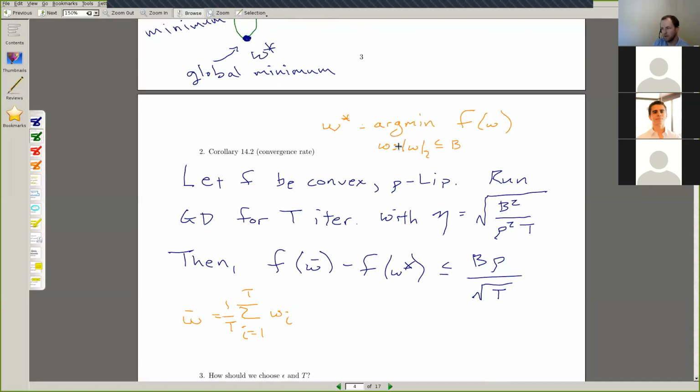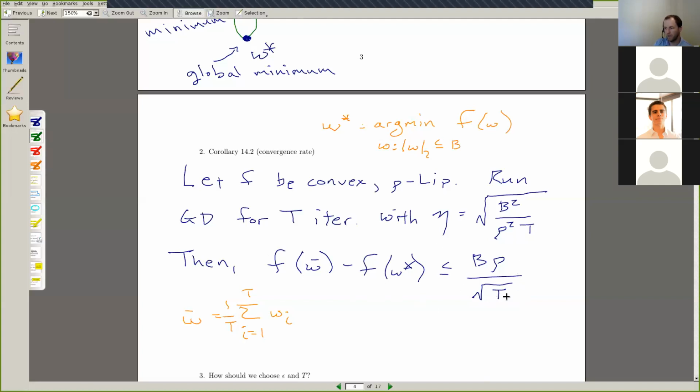It's the range of the W's that we're searching over, the maximum size that a W value could possibly be. This formula right here is the actual result of the corollary, and it's saying that the distance between F bar and F star is guaranteed to be smaller than this.